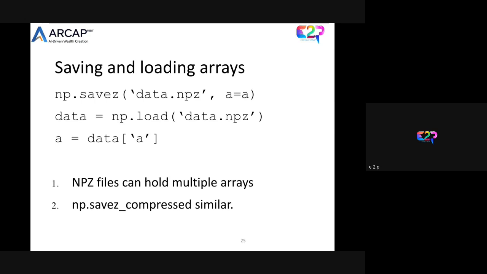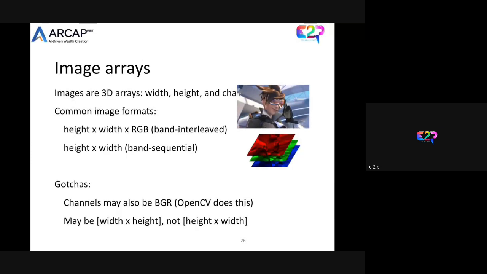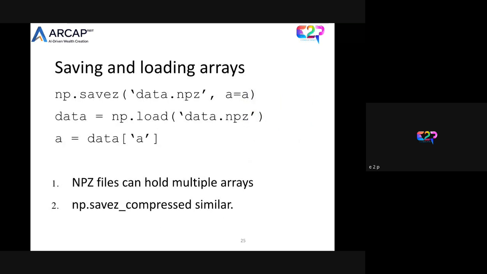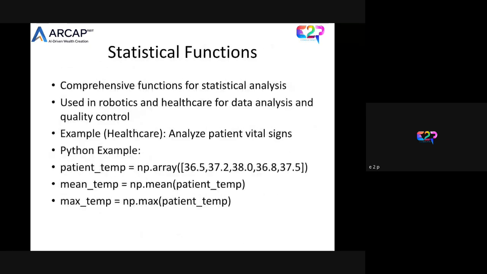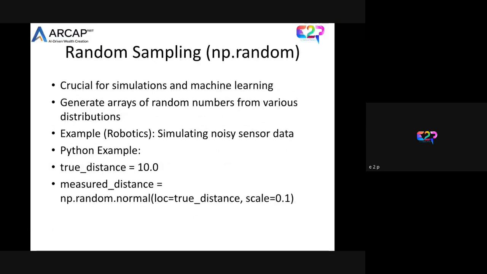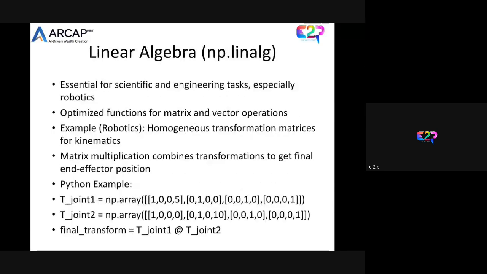We can use np.savez, which can hold multiple arrays, and we can also compress using savez_compressed. We'll see all those things, and also linear algebra, how linear algebraic operations can be performed.